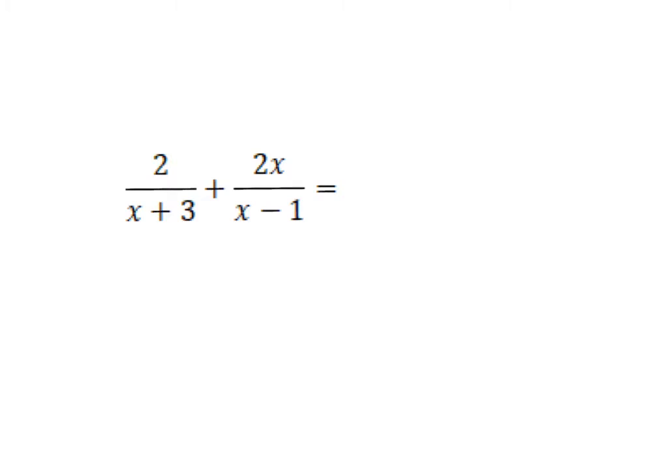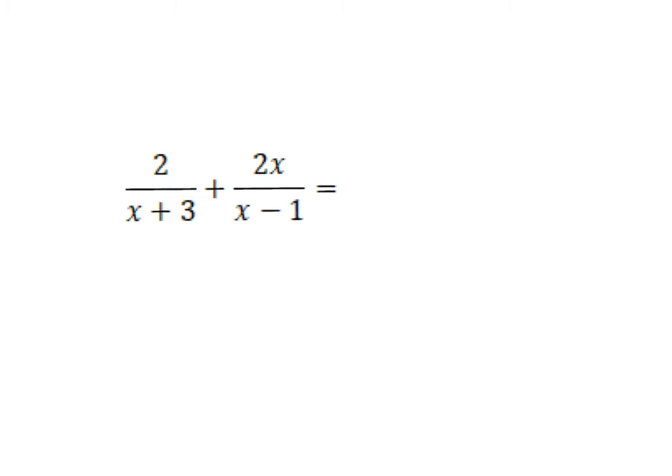All right, so we have another example of adding rational expressions, but in this case it's going to be unlike denominators. We have 2/(x + 3) + 2x/(x - 1).